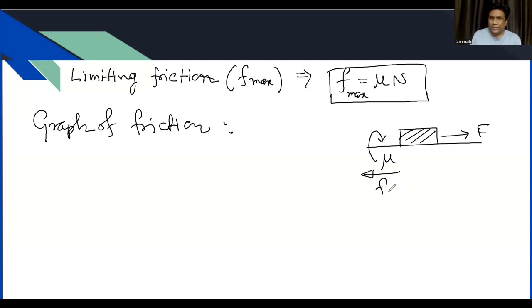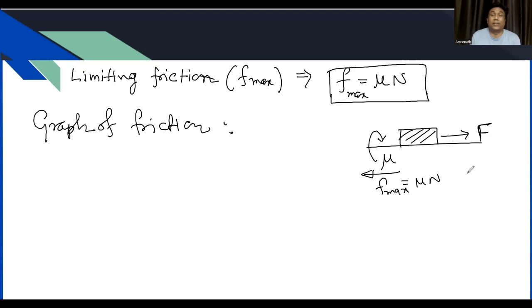And F max will be mu into N. This will be a value only. Say this value is 10 Newton. It means if I apply more than 10 Newton, then only the object will move. Or if I apply less than 10 Newton, then the object will not move. I take the example of F max as 10, just for example only, nothing else.